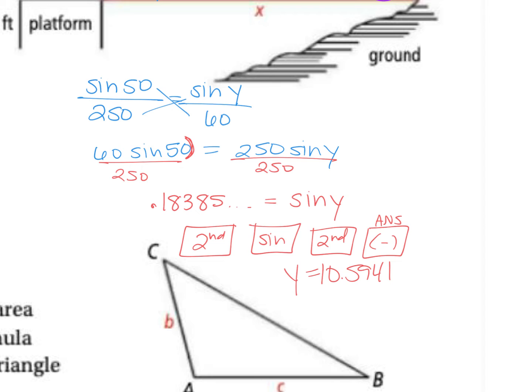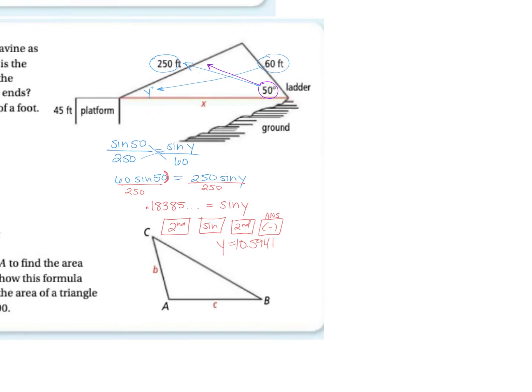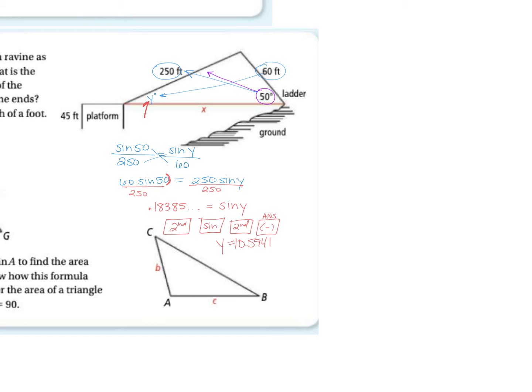I would round significantly further than the tenths place, just because you're rounding and then rounding again. So I'm going to put all four of those numbers in for that angle. So this angle is 10.5941 degrees, okay?